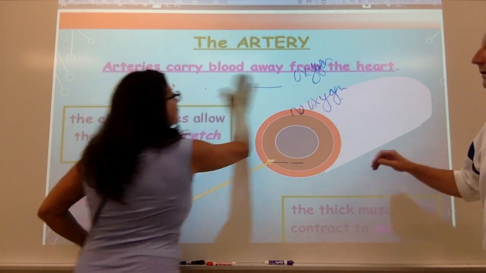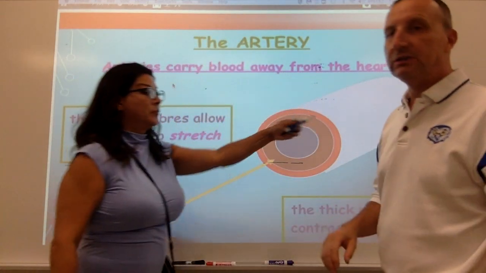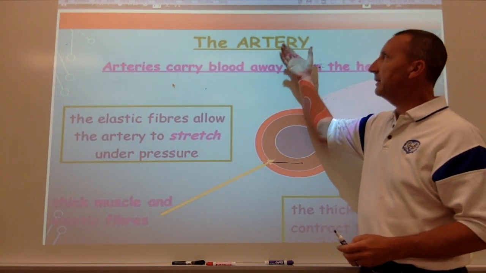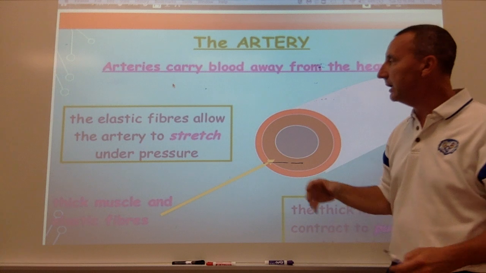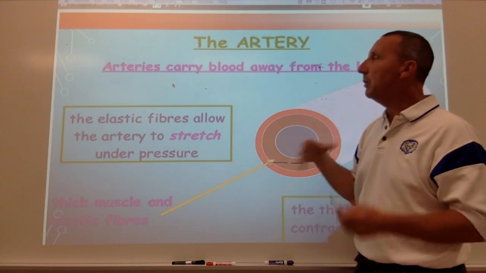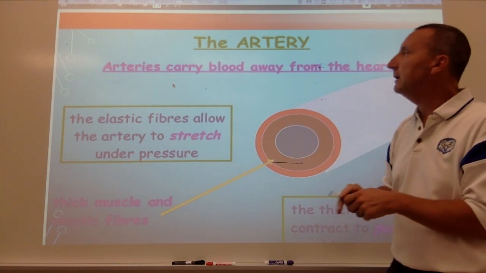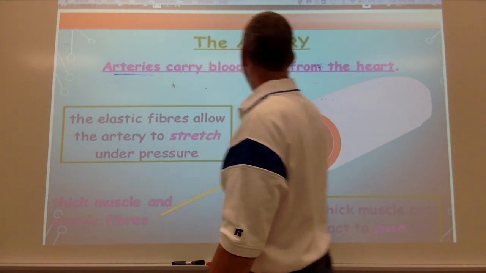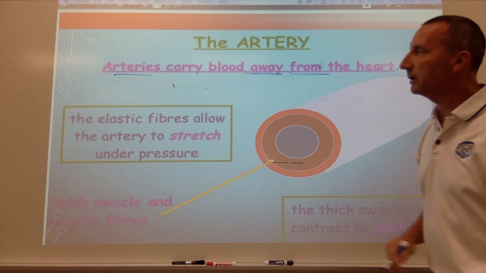Okay, as Mr. Shapiro just said, the arteries are oxygenated. They came from the lungs afterwards, and then the heart pumps it with the oxygen out to the rest of your body. But the key idea here is arteries go away from the heart.